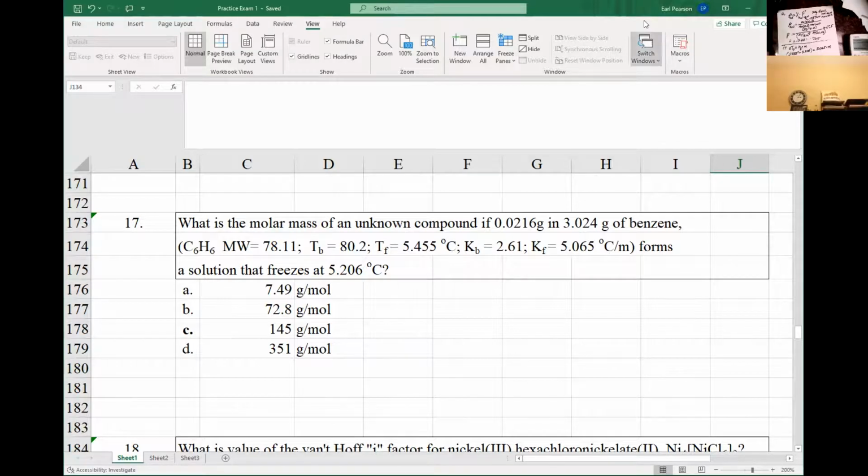Now, I want to show you when you're doing a problem, you get the relationship you need, plug in what you know, and solve for what you don't know. Well, the molal concentration I can solve. Molal concentration is going to be this difference divided by 5.065.